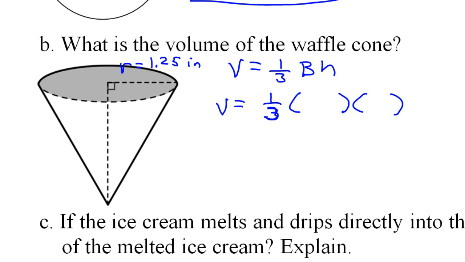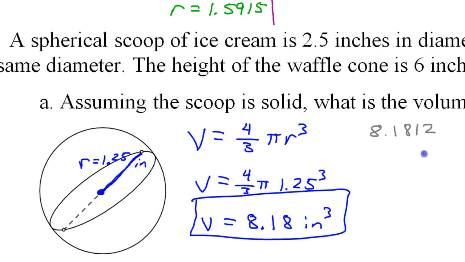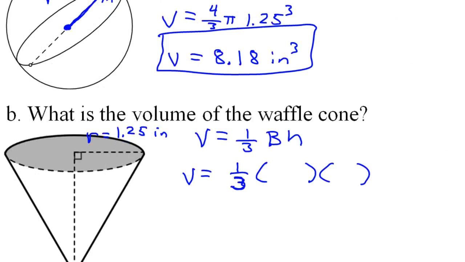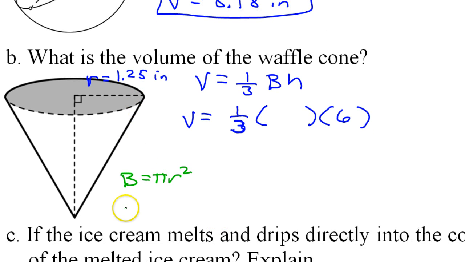I think they gave us more information about the cone, so I'm going to look back at the top. Okay, it says the height of the cone is 6 inches. So all I need is the area of that base. The base is a circle, so the area of the base is going to be pi r squared. The radius is 1.25, so the area of the base will be pi times 1.25 squared.